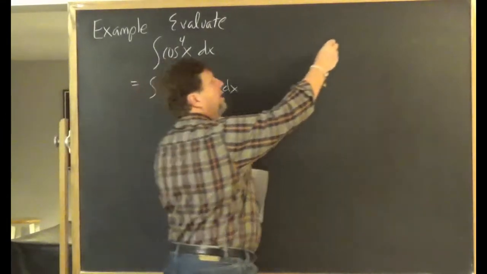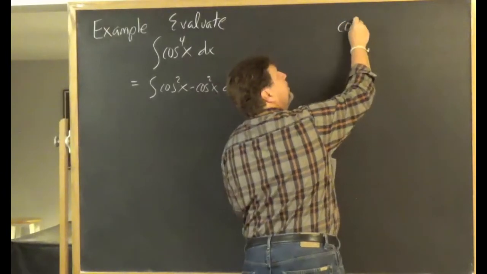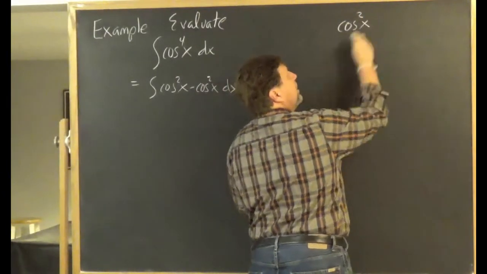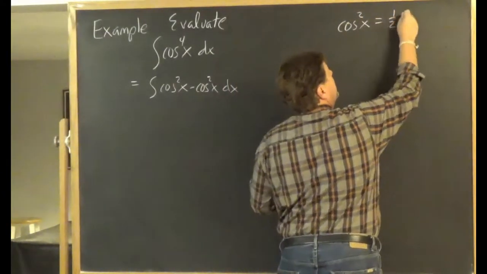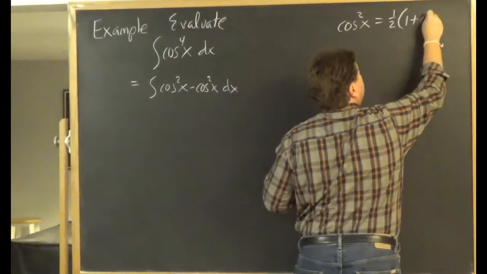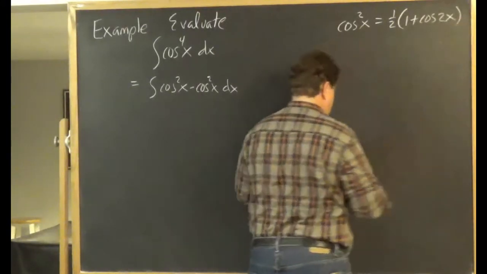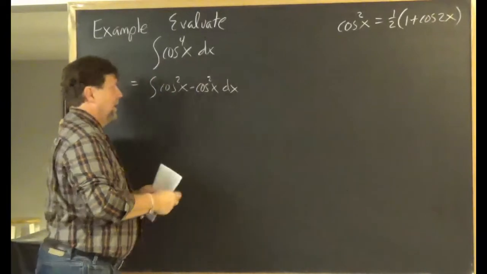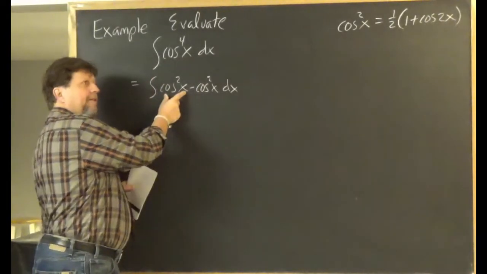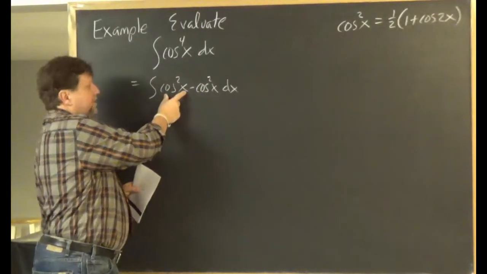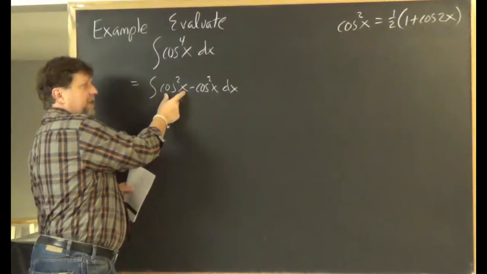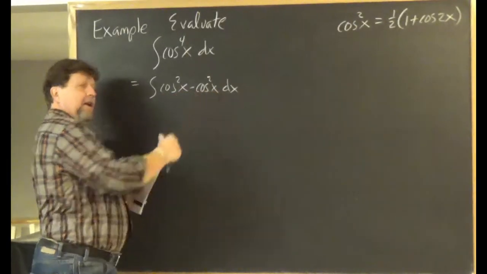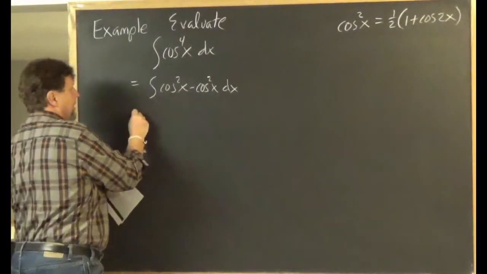The power reducing identity we will use is cosine squared x equals 1/2 times 1 plus cosine 2x. So I'm going to put 1/2 quantity 1 plus cosine 2x in for each cosine squared x. Let me write that step in here.